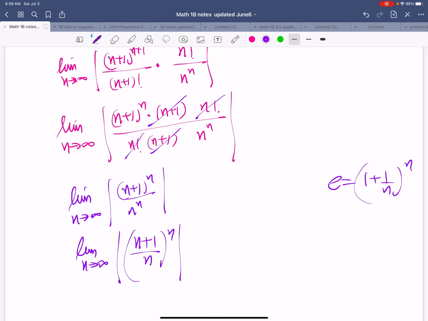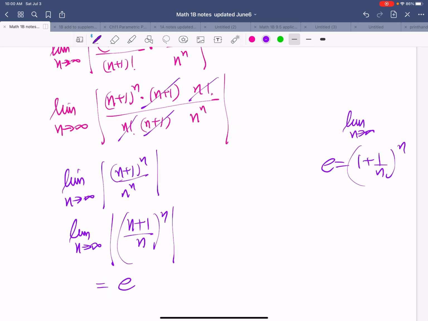If you recall, that's what the number e equals as n goes to infinity. So that means this limit goes to e. The absolute value of e is approximately 2.7, which is greater than 1. So that means this series diverges. Let's check out the next example.